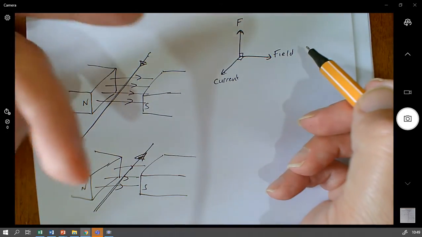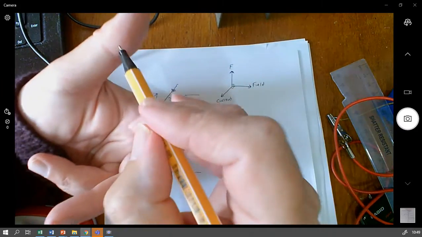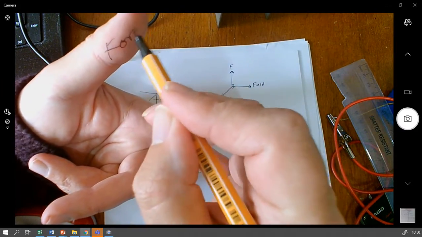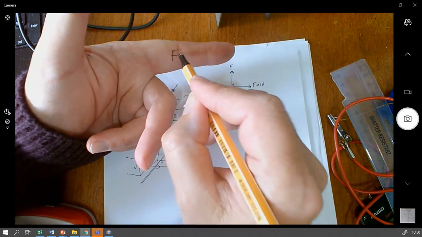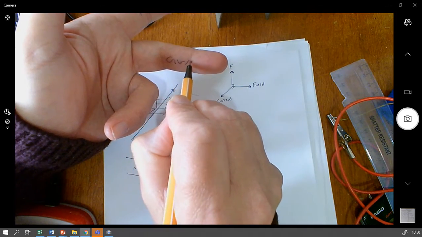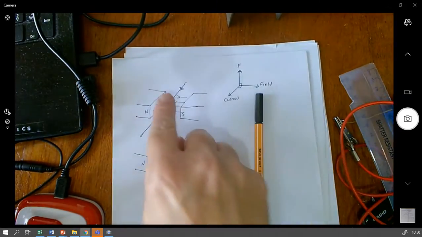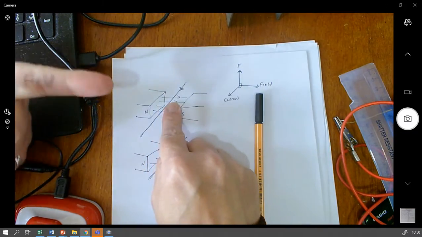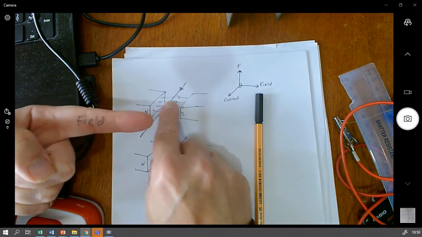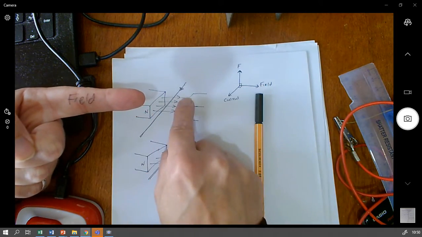We can do that with our fingers, where our thumb represents the force, this finger represents the field, and this one represents the current. Let me show you. Look at this one here. The field is going from left to right. That's my finger.